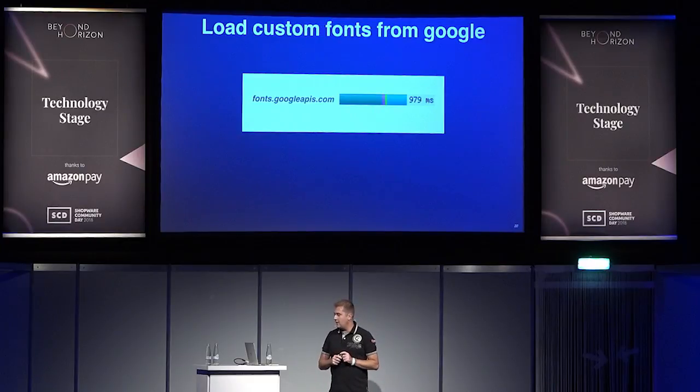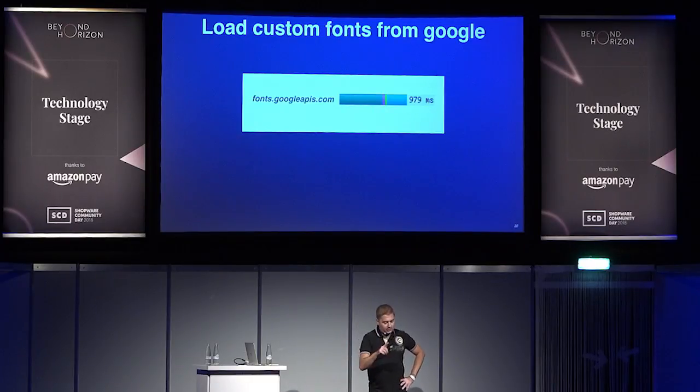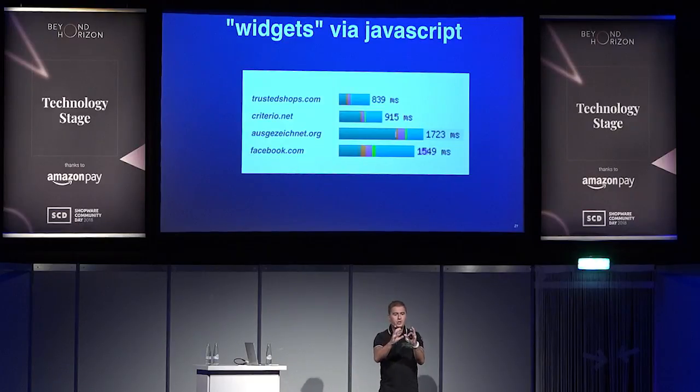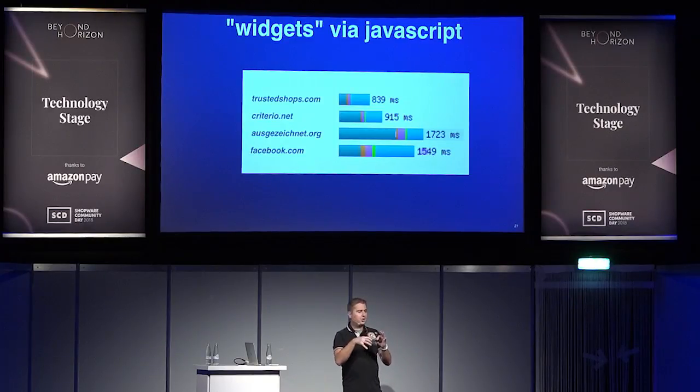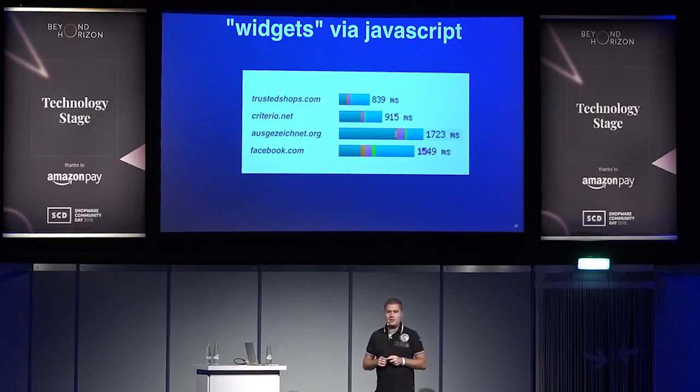The next thing, okay, I said this talk is not about what not to do, but don't do this, okay? The next thing I found was having these widgets, which are generated by JavaScript on the page. For example, these trusted shops Bewertungen.